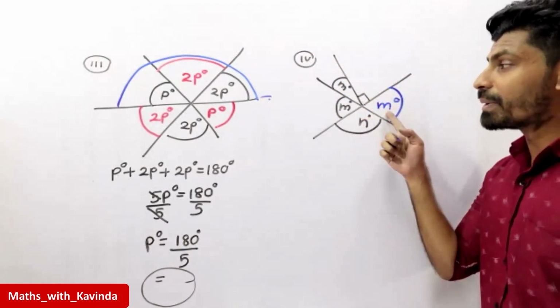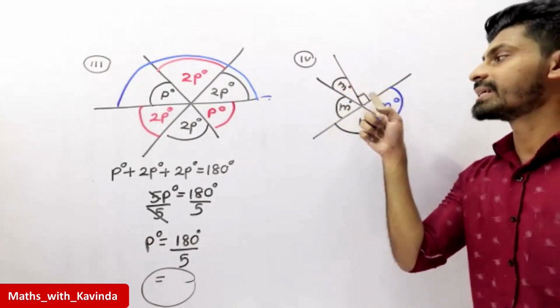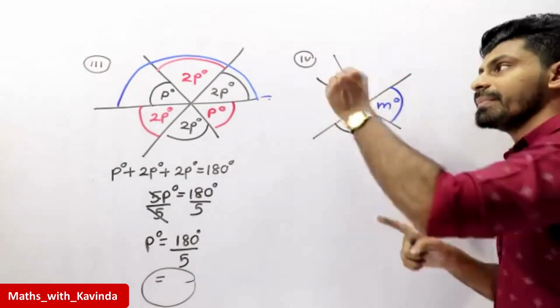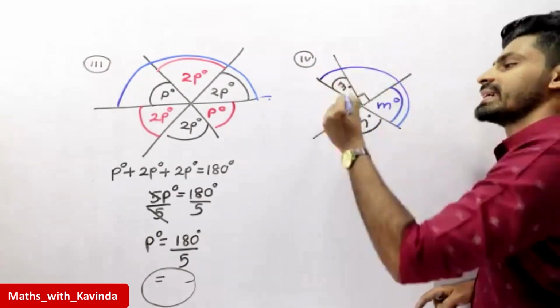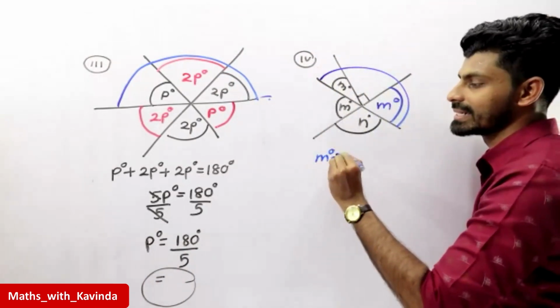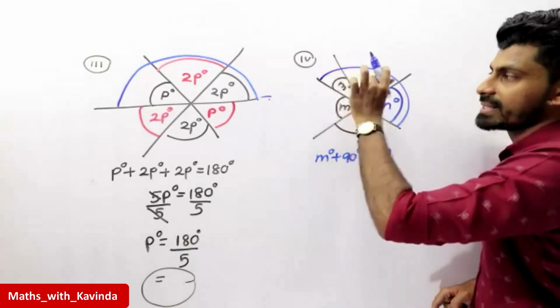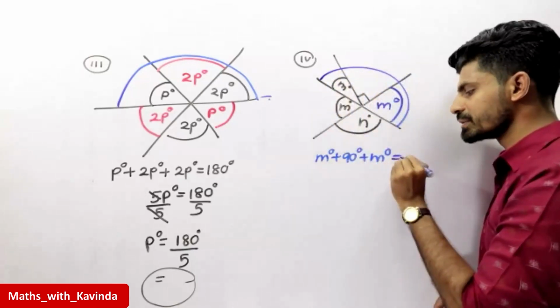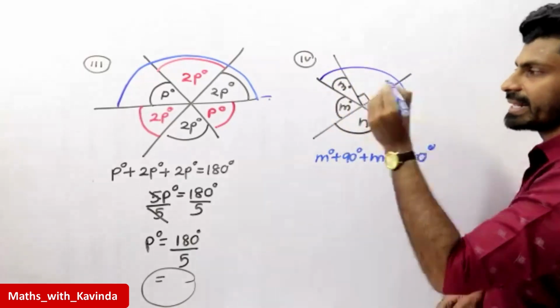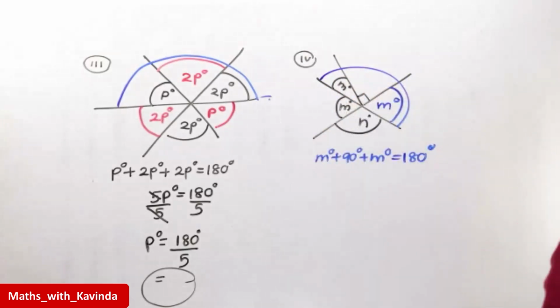Now M plus 90 plus M, right? M plus 90 plus M equals 180.